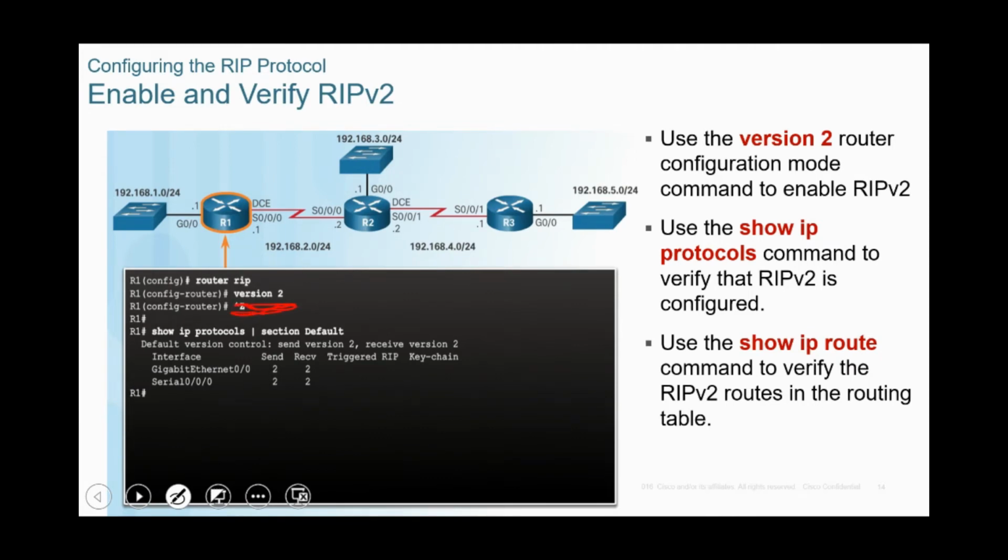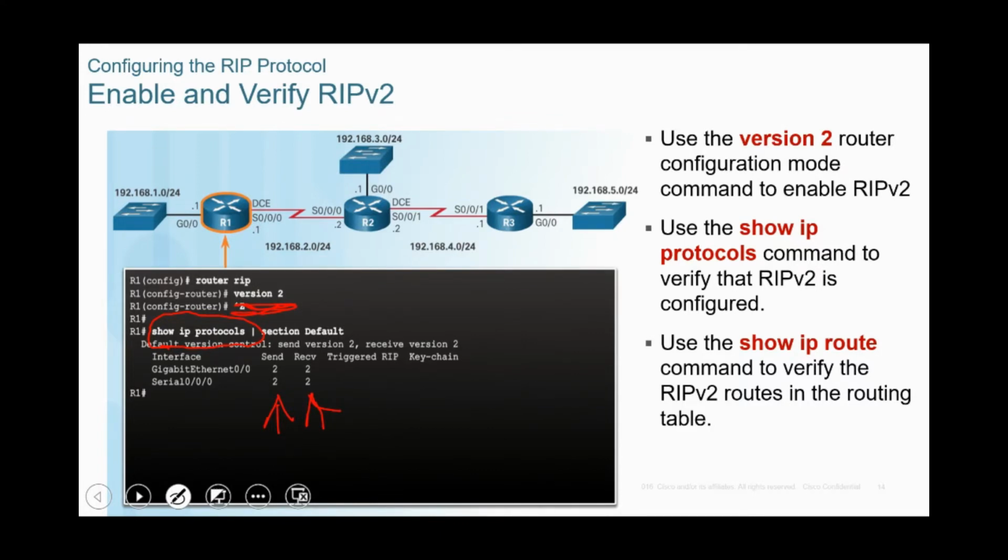Okay, so once you type version 2 and then show ip protocols to check whether you are using version 2 or not, you will see that send and receive are both using version 2. So this is the correct configuration if you want to apply the classless Routing Information Protocol version 2.